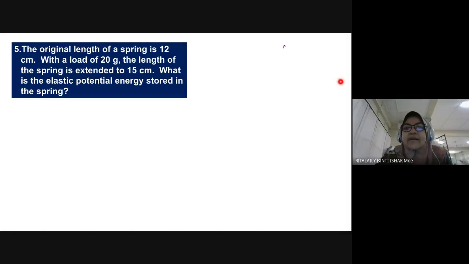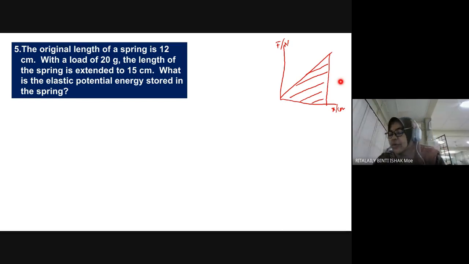If we have a graph of F over x, directly proportional, the elastic potential energy is the area under the graph. So what is the formula?